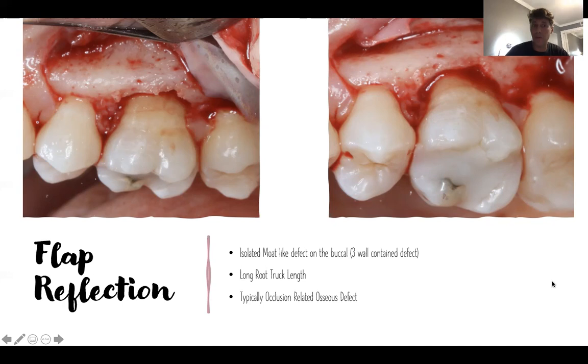We have a long root trunk length. Typically, when you see these moat-like defects, more often than not, they're occlusion related. So again, when it goes back to prognosis, we talk about the ability to control the etiologic factor, which in this case, occlusal adjustment will take care of that.